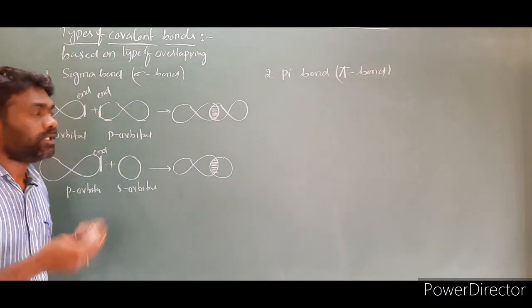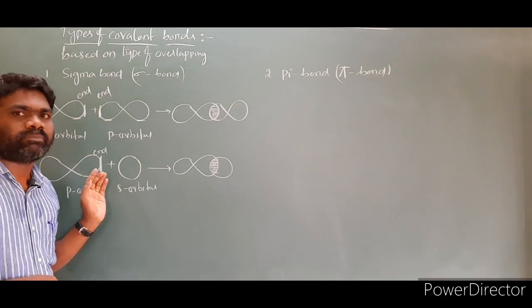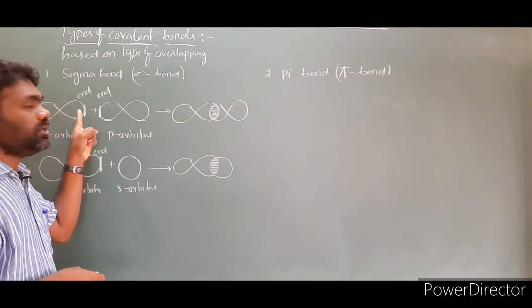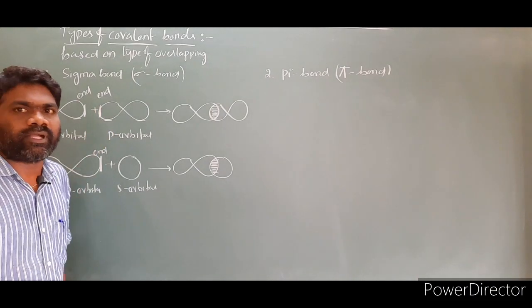How do we write the statement regarding the sigma bond? The sigma bond is formed by end-to-end overlapping of atomic orbitals.